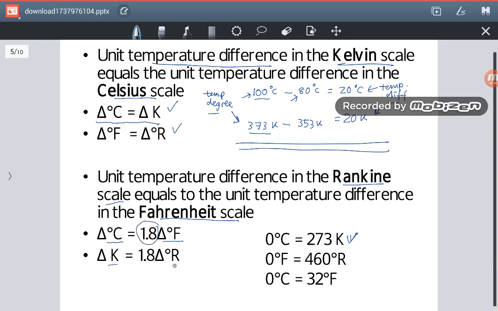And from Kelvin to Rankine also we need to times 1.8. This is for the temperature difference.